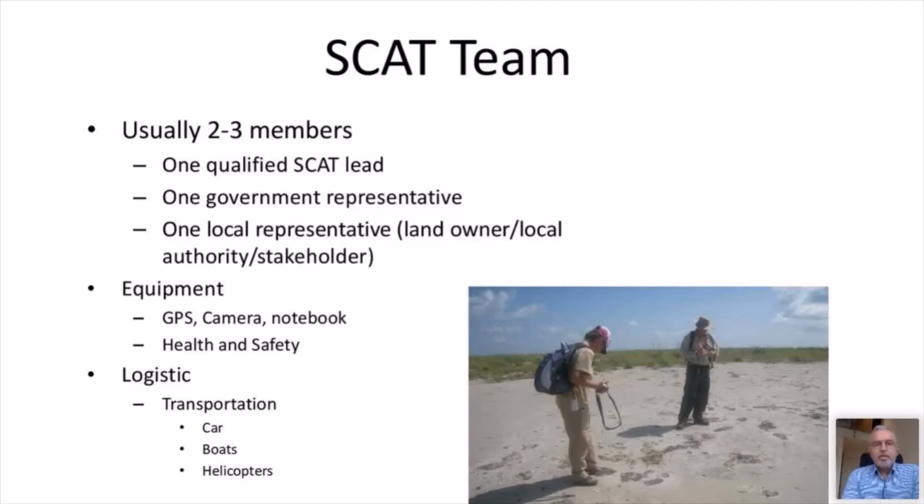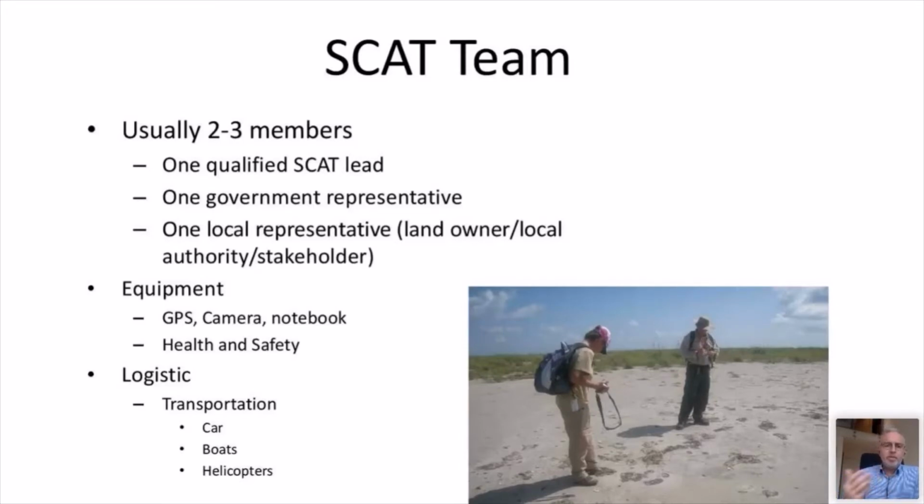We look together at the contamination and report it all together, trying to reach a consensus in the field about what we are seeing and what the level of contamination is, using that standard methodology and terminology that I just showed you.